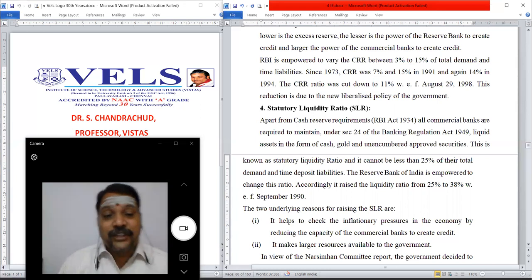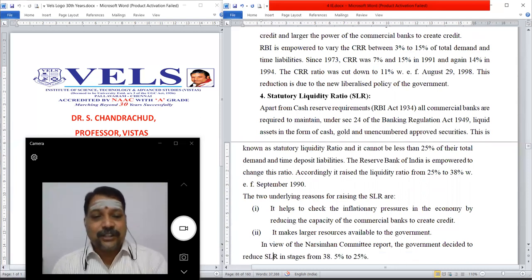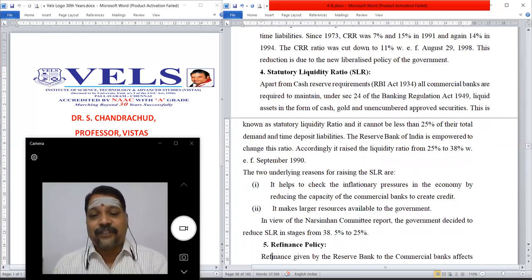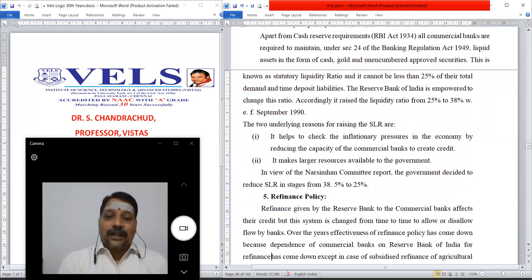The Reserve Bank of India is empowered to change this ratio. Accordingly, it raised the liquidity ratio from 25 to 38 with effect from September 1990. The two underlying reasons for raising the statutory liquidity ratio are: it helps to check the inflationary pressure of the economy by reducing the capacity of commercial banks to create credit.